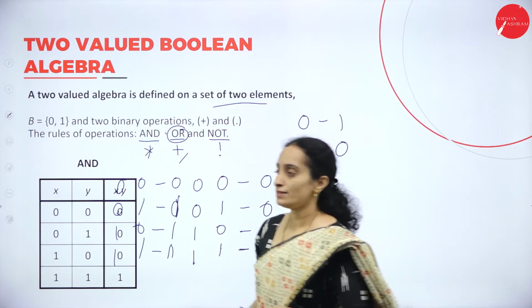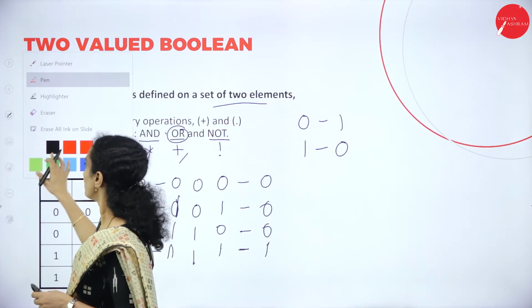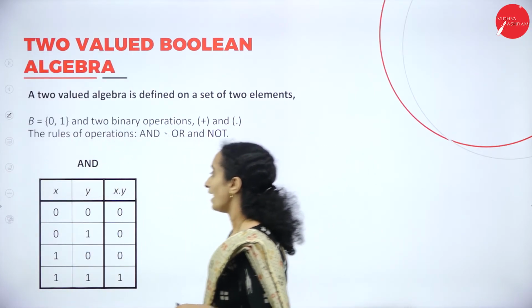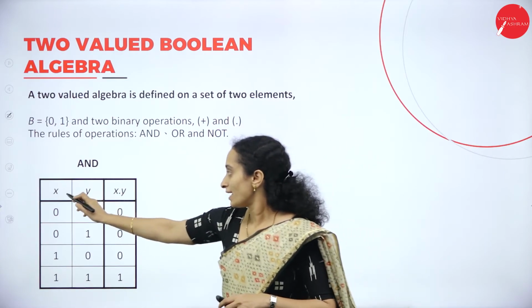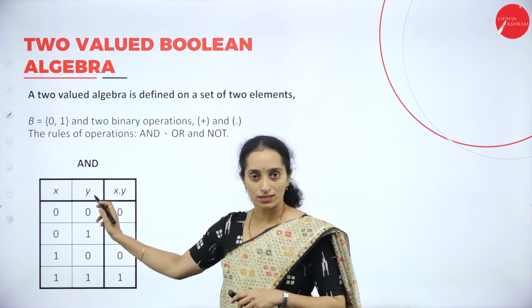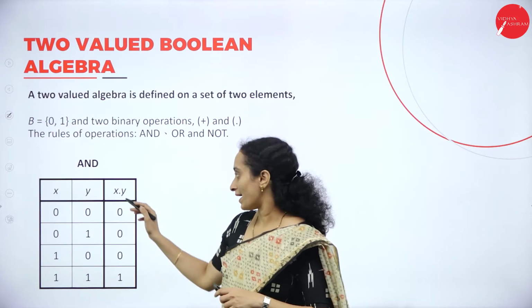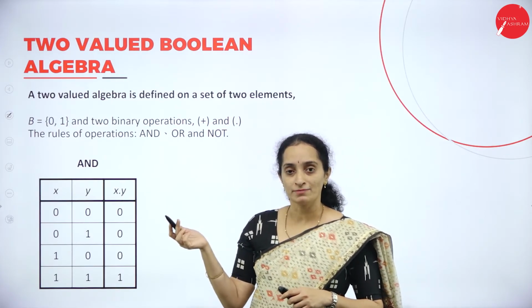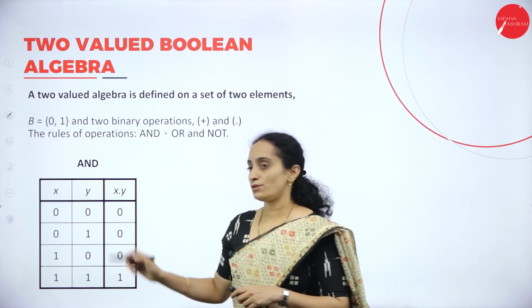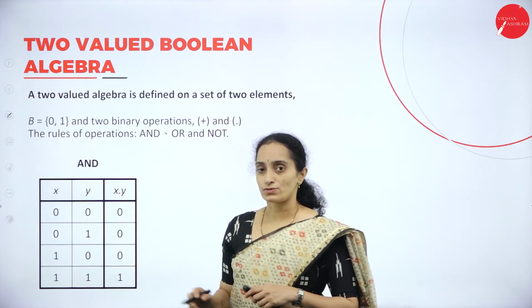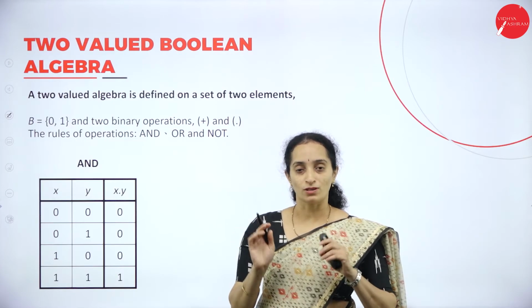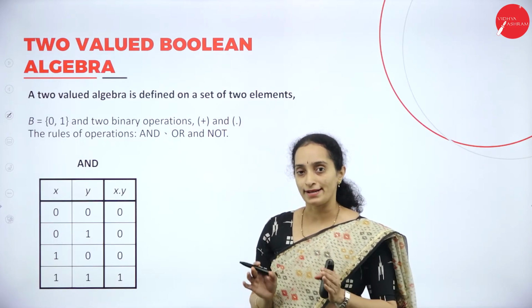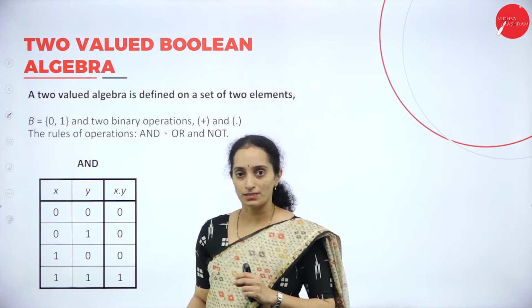Here we have the tabulation of the AND operation, with x and y as the two operands. When you apply the AND operation, x and y, 0 and 0 is equal to 0. If both the operands are 0, then it will become 0.